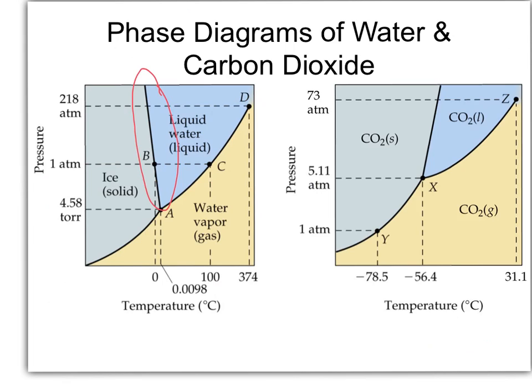We can use the phase diagram to compare densities between the different states. If I picked a point, say about right here, and I proceeded to increase the pressure while keeping temperature constant, you will notice that I will start off in the gas phase. I will then enter the solid phase, and finally the liquid phase.